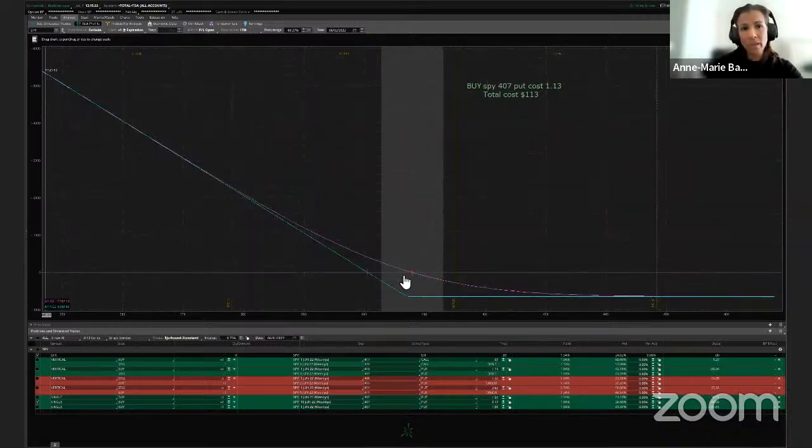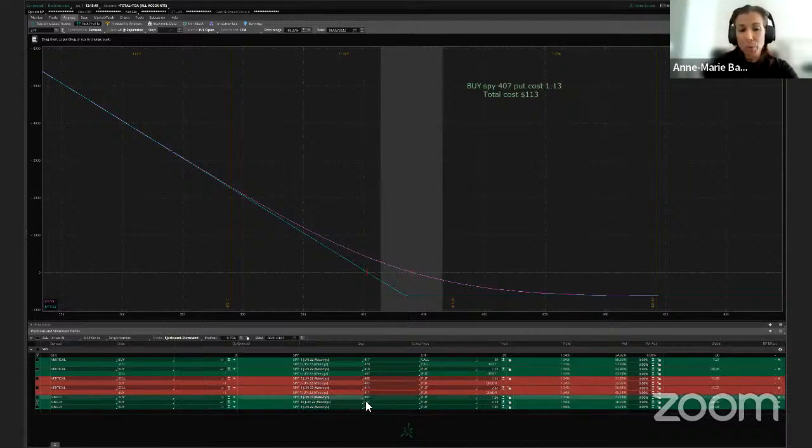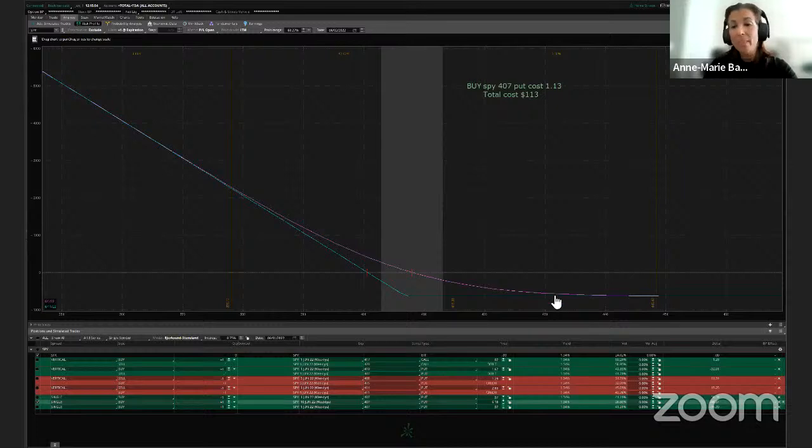And so see how this flattens out? Your return is theoretically infinite, but your risk is defined because this put costs $640, the 407, that's the most that you're ever going to lose.